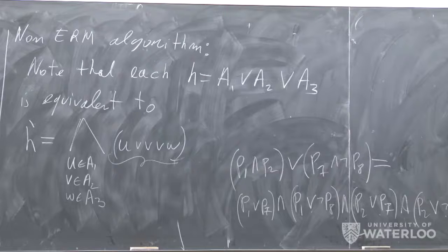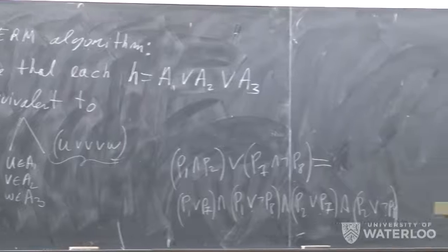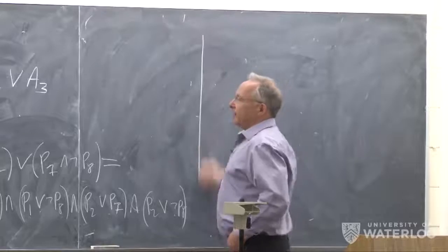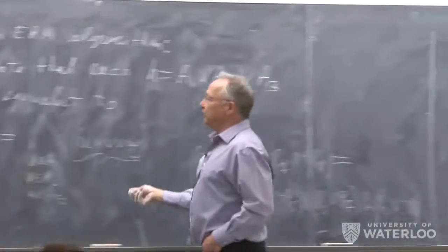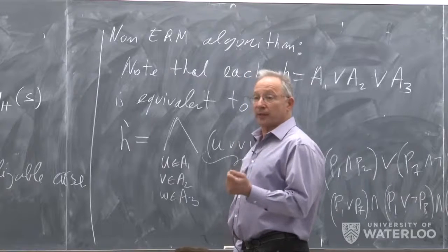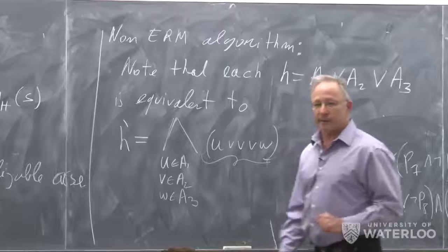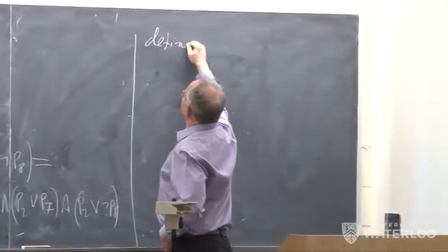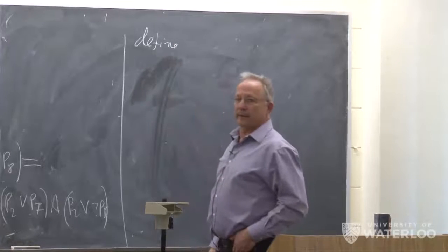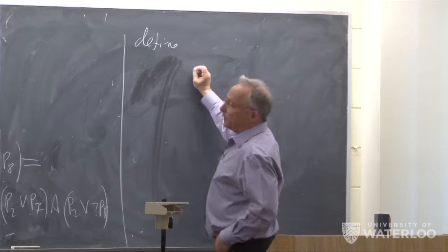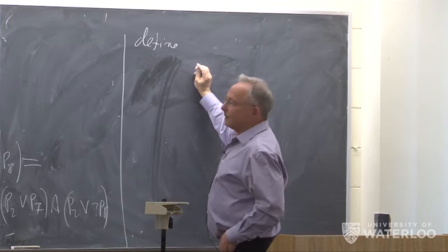Now, why does it help me? Right. So now the trick is that we are turning it into learning conjunctions over 3 variables. So now we define new variables. How many new variables do we need? Lots of new variables.